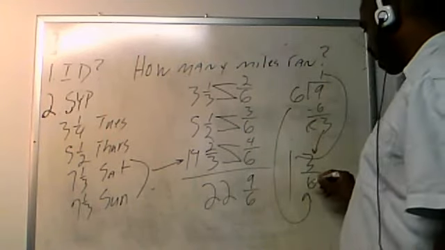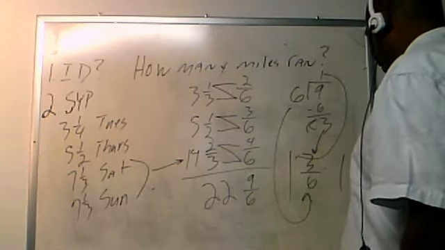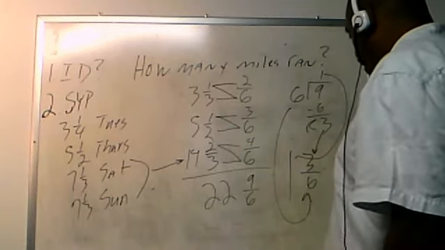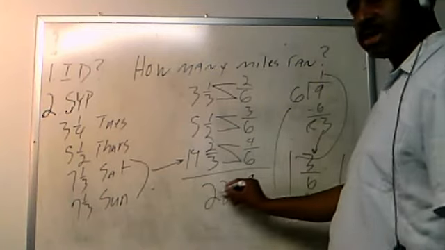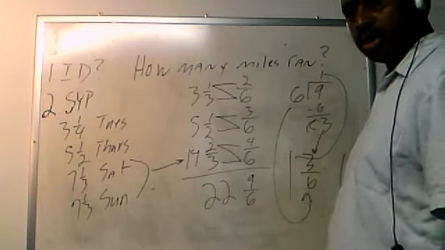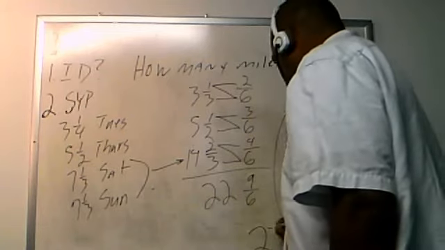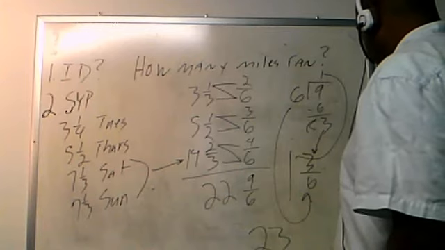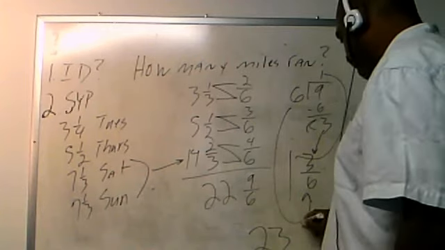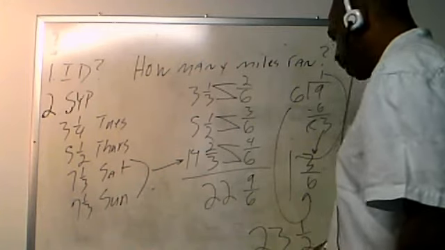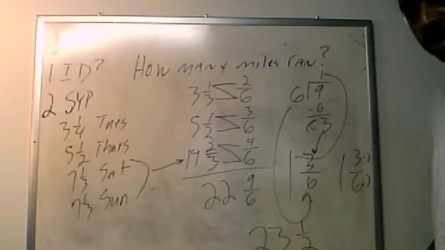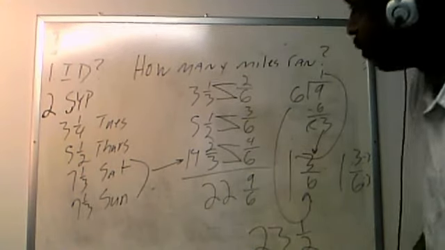So now we have 1 and 3 6ths. That 1 is now a whole number, so it gets added to the 22, which becomes 23. And then the 3 6ths has to be reduced, becomes 1/2, so you have 23 and 1/2 miles that she ran that week.